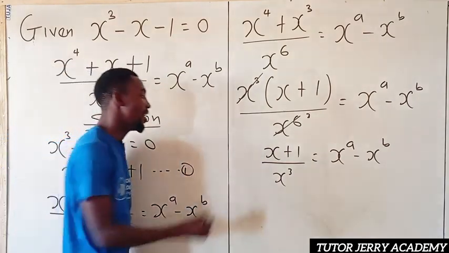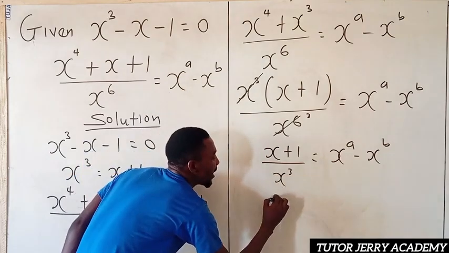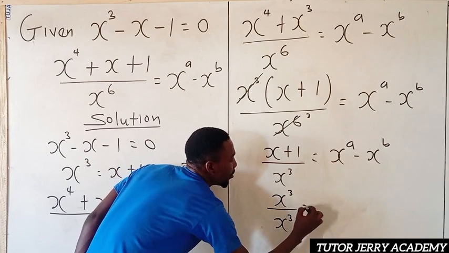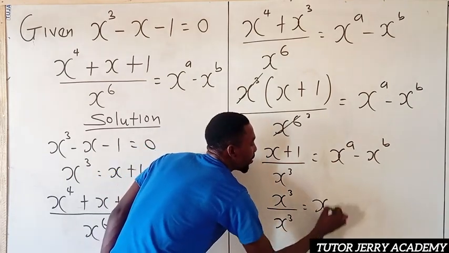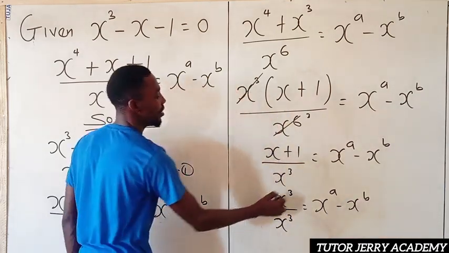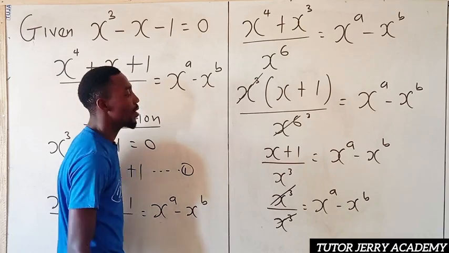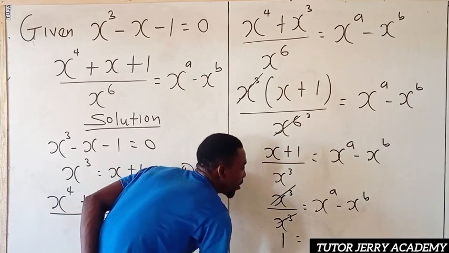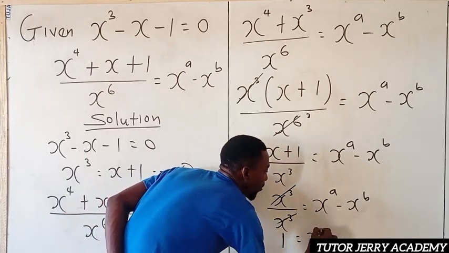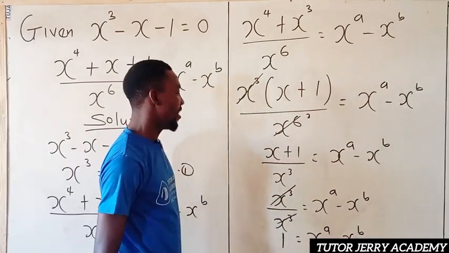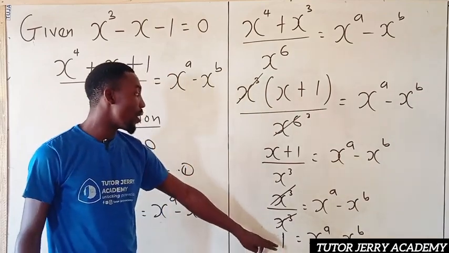So it means that here we can say that s to the power of 3 all over s to the power of 3 will be equal to s to the power of a minus s to the power of b. Alright, so this goes with this. So we are going to have 1 equal to s to the power of a minus s to the power of b.